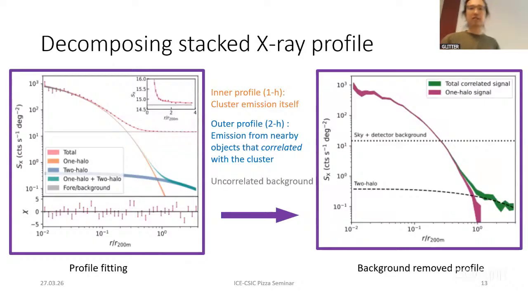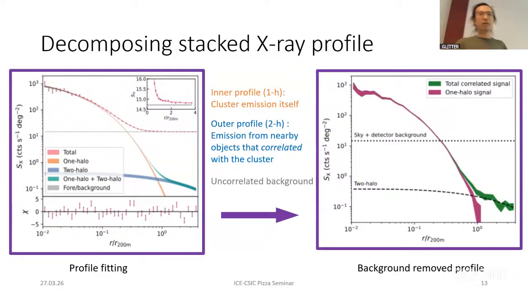First of all, we would like to model our stacked surface brightness profile. And this time, we do see positive signal out to about 2 times R200M, so we have to deal with it carefully. We try to use a 3-component model to fit that.